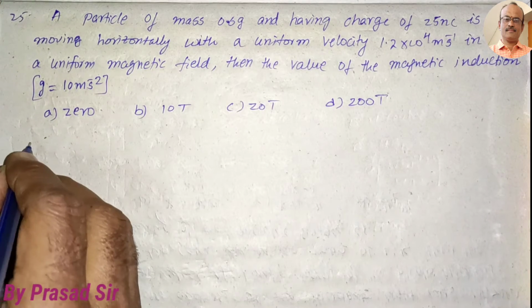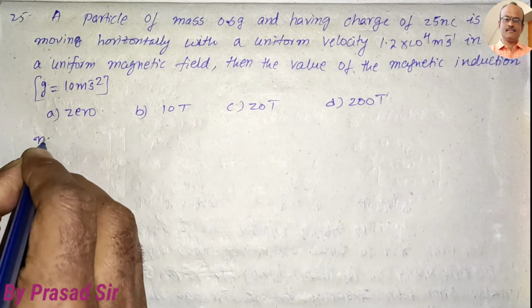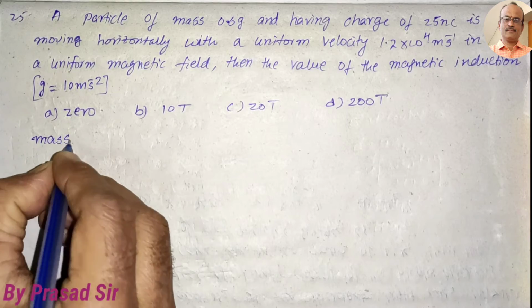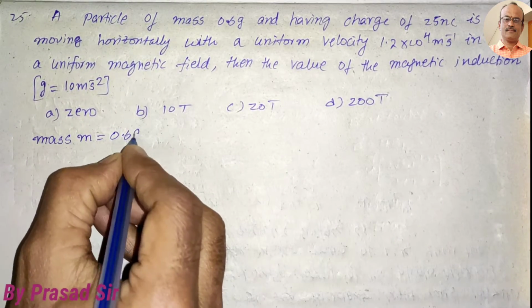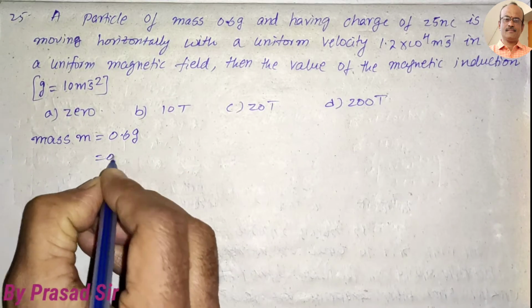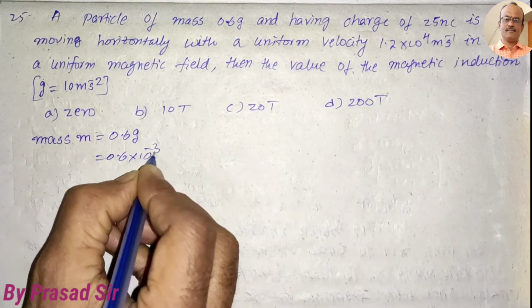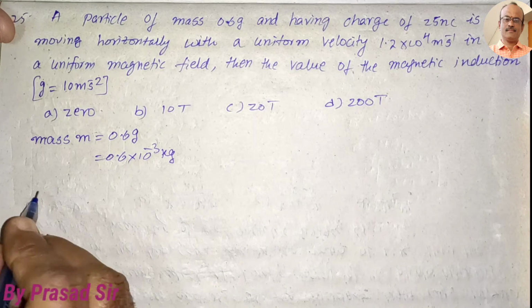First of all, I will write the given values. Mass M is equal to 0.6 grams, that is 0.6 into 10 to the power of minus 3 kilograms.